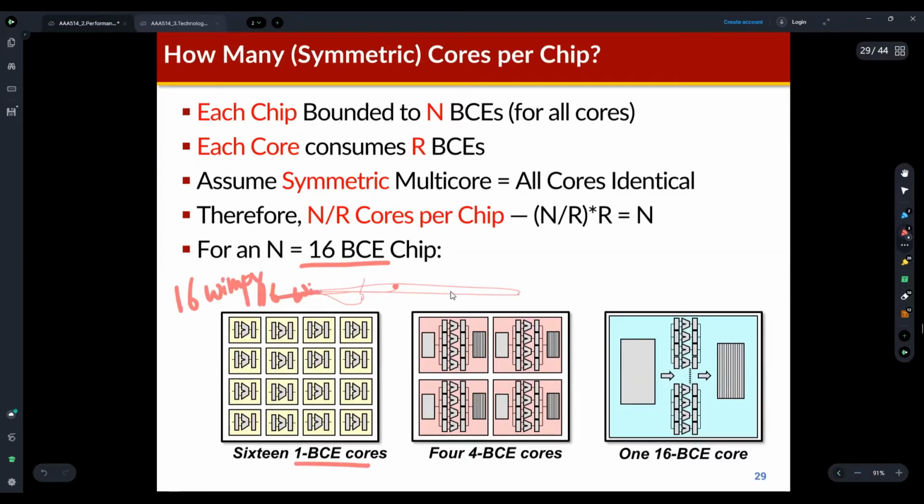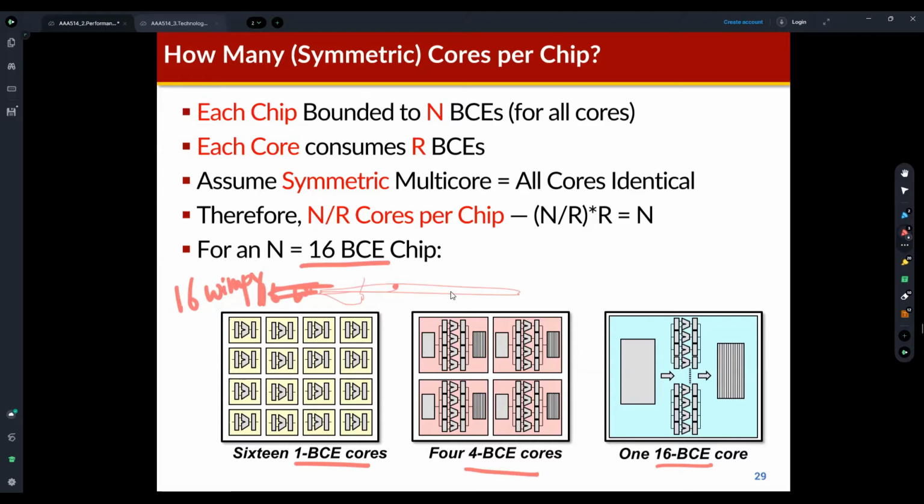WIMP core means a low performance, low end core. Also, we can apply 4 BCE cores, some middle end cores. Also, we can apply a very big core, the 16 BCE core. So we can think of three different configurations with the symmetric multi-core architecture.